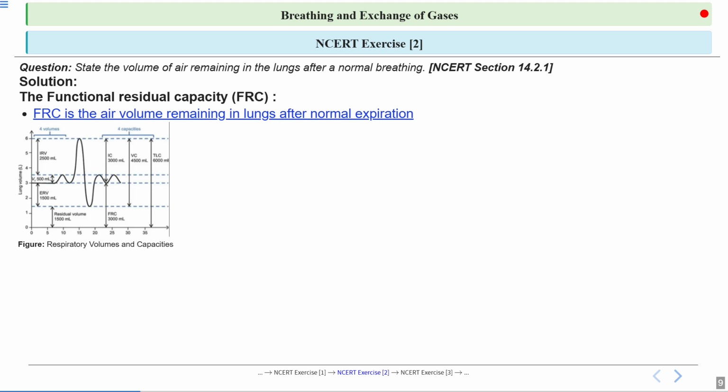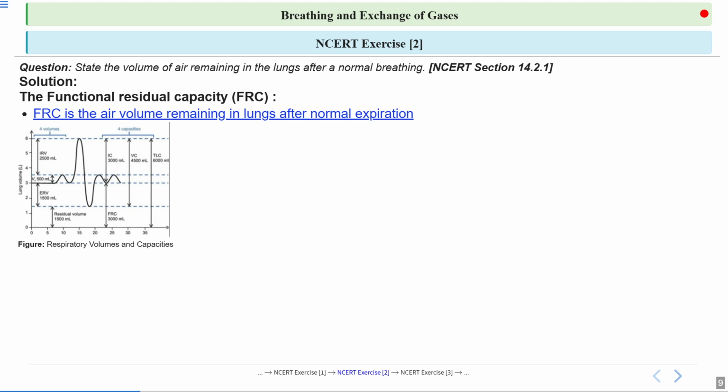Your lungs never collapse completely, meaning some air is still left, and that air is called residual volume. See the volume that is there. It is around 1500 ml, as given here.